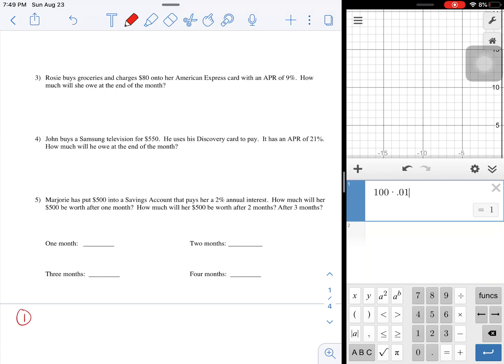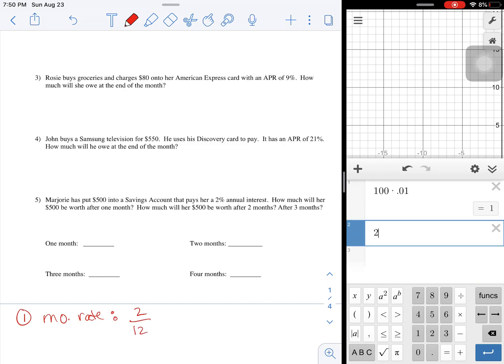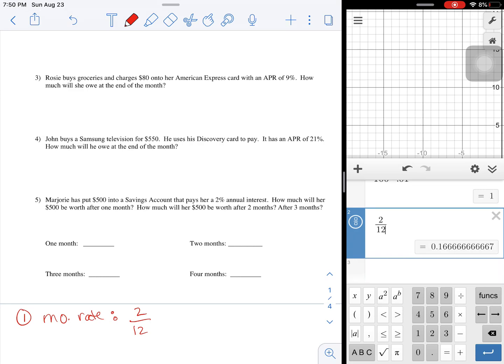Step 1, we're going to make the percentage rate, the annual interest, into a monthly rate. And so that is going to be the 2, a little tiny interest rate, divided by 12. So if we go to the Desmos, 2 divided by 12, a nasty decimal, it's 0.1666.